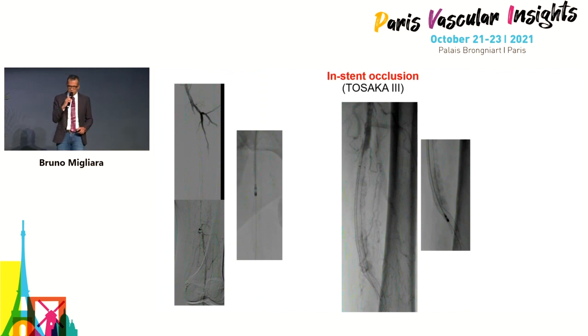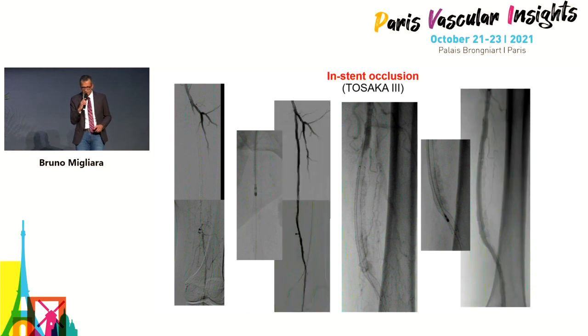These are two more complex situations, a complete occlusion of the stent, a Tosaka 3 lesion. In this case, the use of Rotarex is not only in order to remove the hyperplasia, but also to remove the thrombotic material, and this is our final result with a complete restoration of the flow.